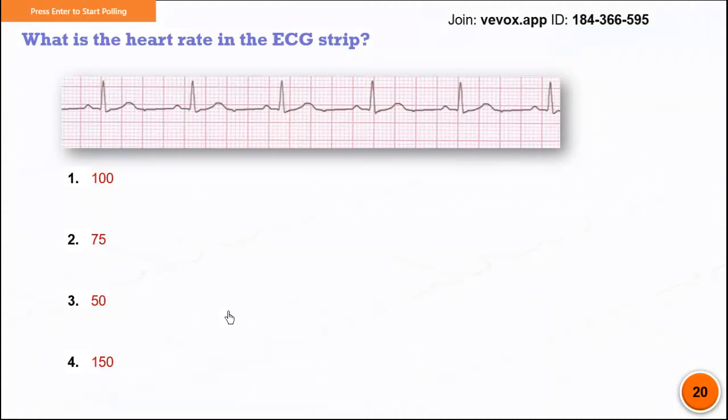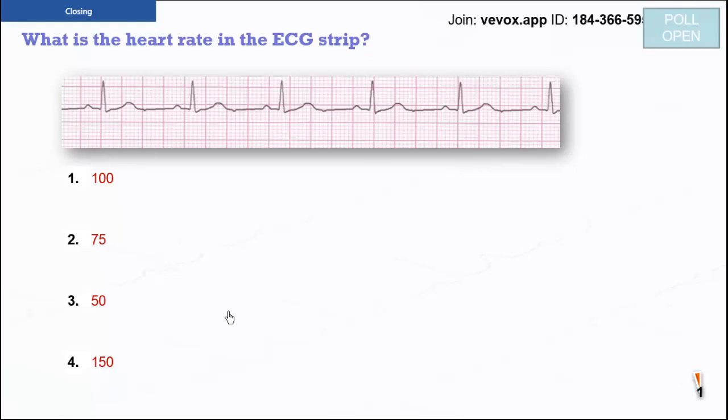So can you see the answers on your mobile phone? You choose one of them. This is a regular heart rate, so we have to use the first method. So now the poll is ending. 100 people chose 75.